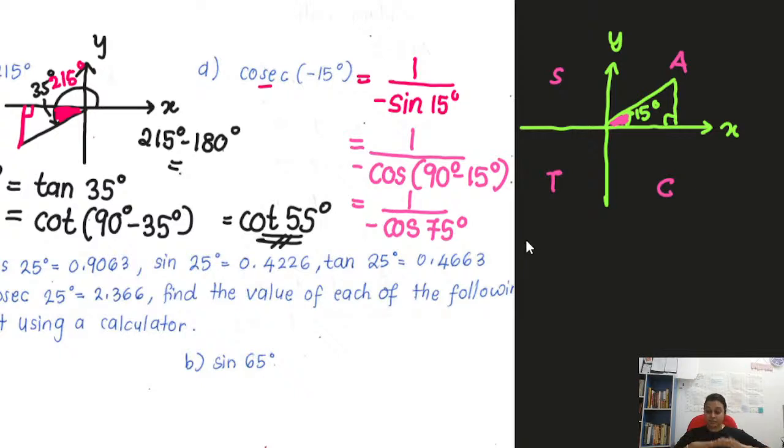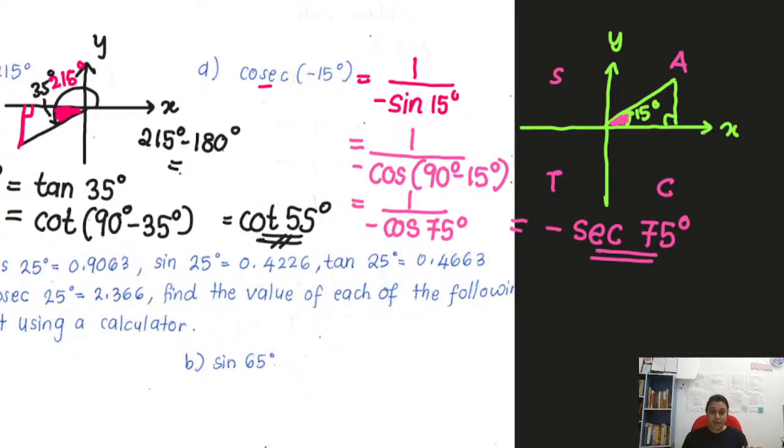Then you cannot leave the cos at the bottom. Tak boleh biarkan di bawah. You must change the bentuk balik. So it will be negative cos is secant kan? Okay, so change to negative secant 75. So it is a complementary angle for this.